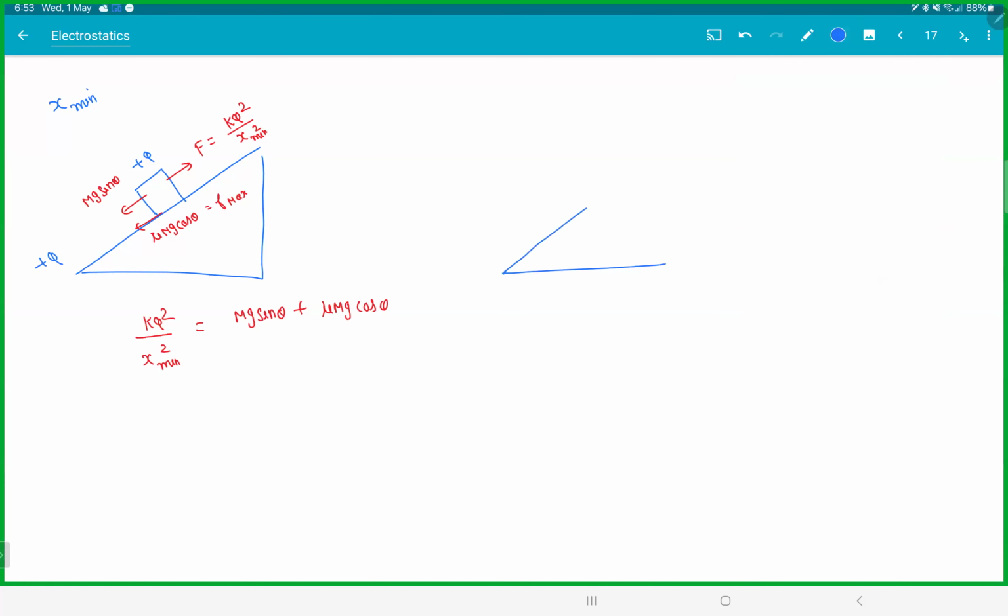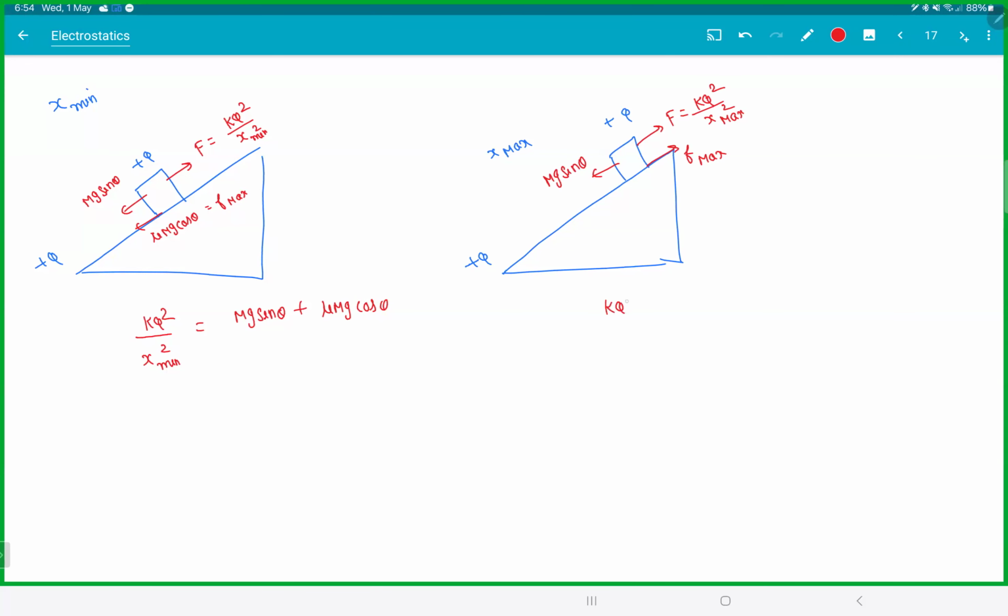Similarly, if you keep it very far, the repulsion is almost so weak, the body is trying to come down. So kq square by x max square. This is about the friction. That's what I said, friction is pretty dangerous that way. Friction doesn't care about anything else. It'll just try to make sure there is no slipping there. And this is mg sine theta.